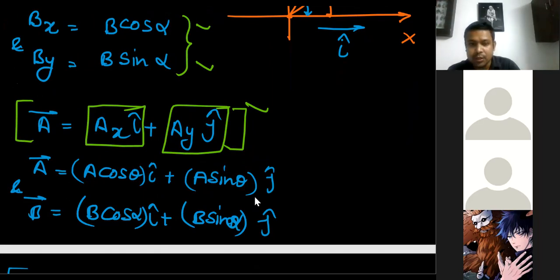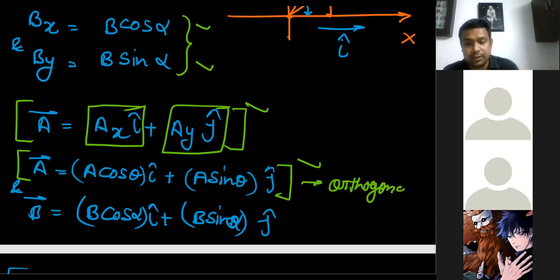So we know very well the value of vector A along the x direction is A cos theta i cap, and along the y direction is A sin theta j cap. This vector is written in vector form, not in magnitude and direction. It is in the form of unit vectors. Such a type of vector is called an orthogonal vector.